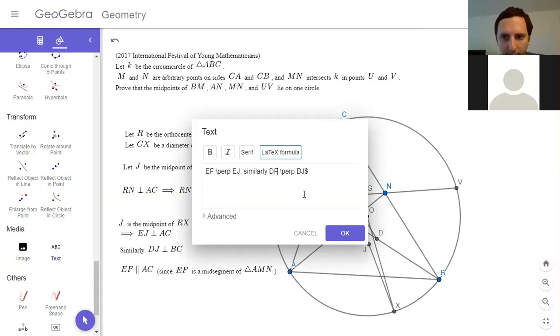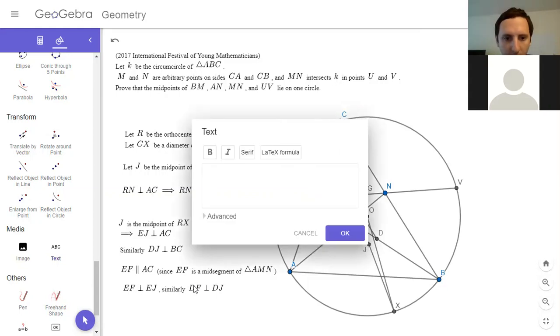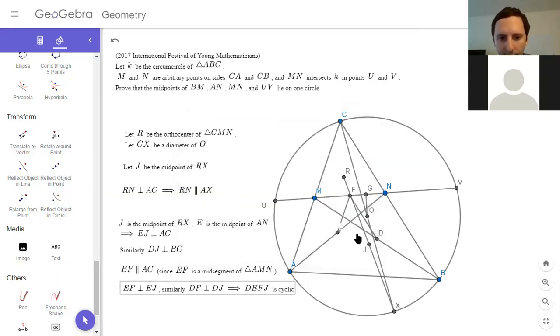And so that means that FEJ is cyclic. And then how did we show D lies on that circle?